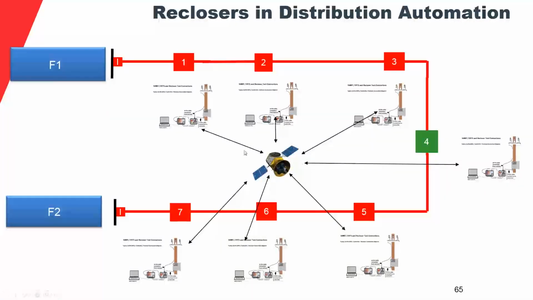It doesn't have to be GPS, the time signal. It could be some sort of network timing protocol if that's available in the locations where you have your reclosers. I know of cities that have a fiber optic cable to each of the reclosers, but I know other places where they have no such thing and they still have automation. So I guess it depends on where you are at.